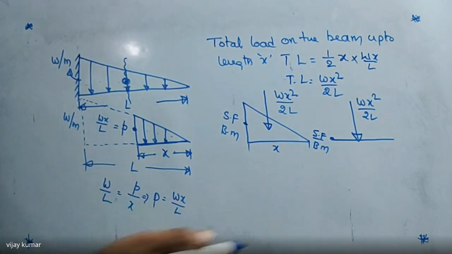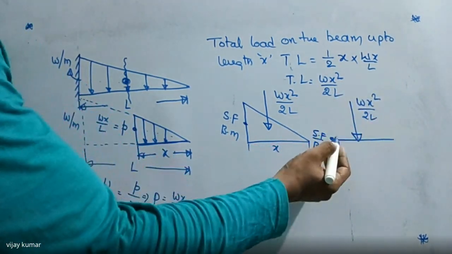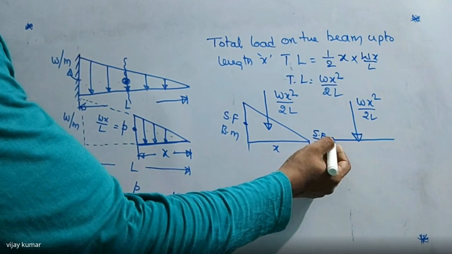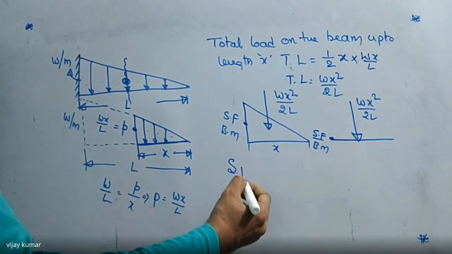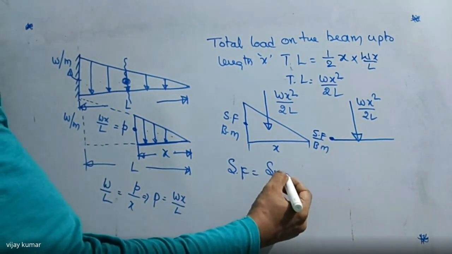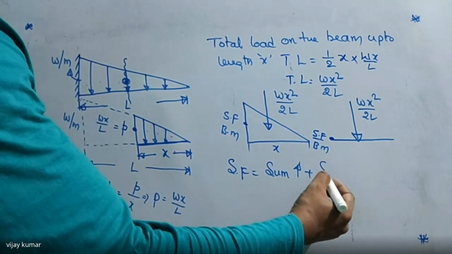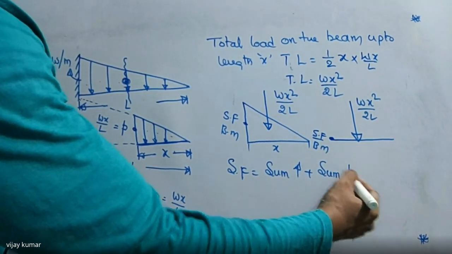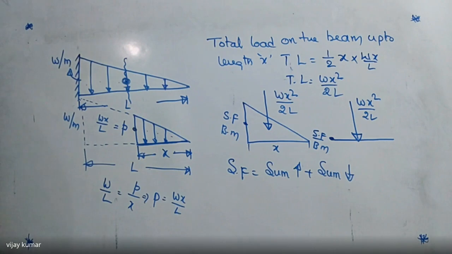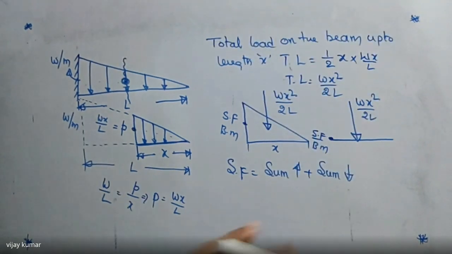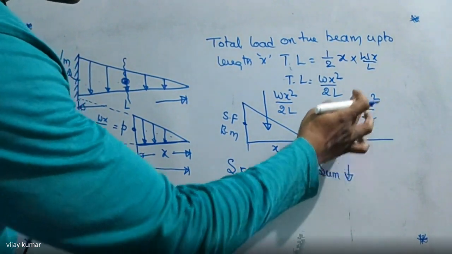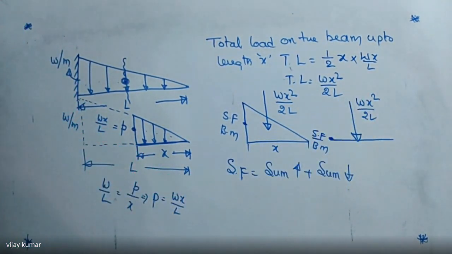Now tell me, if you see this diagram, what is the shear force here? Shear force is nothing but sum of upward forces plus sum of downward forces. All of you know very well. In the last class, I explained to you how to find the shear force value. But here, if you see this diagram, having only one force, which is acting in the downward direction.